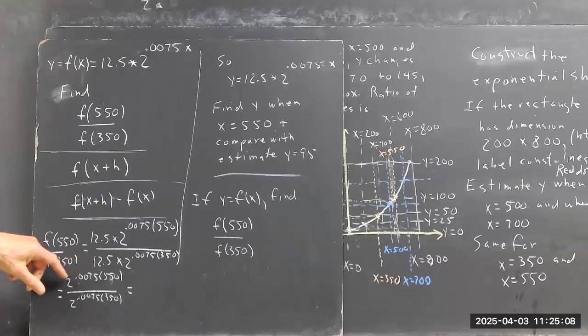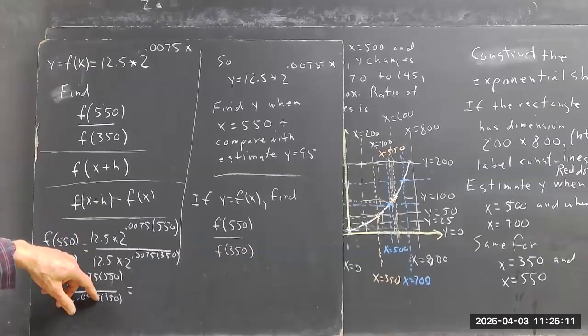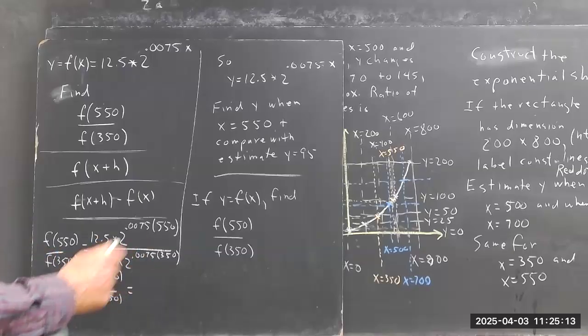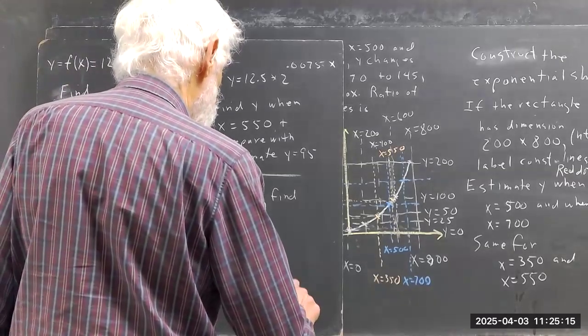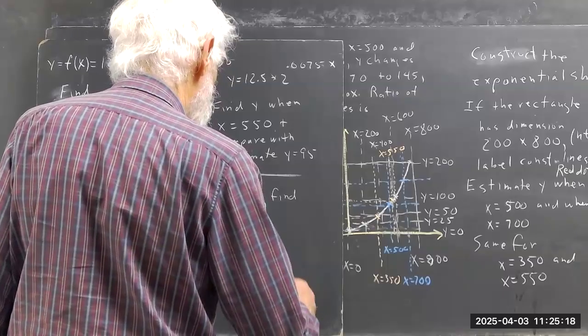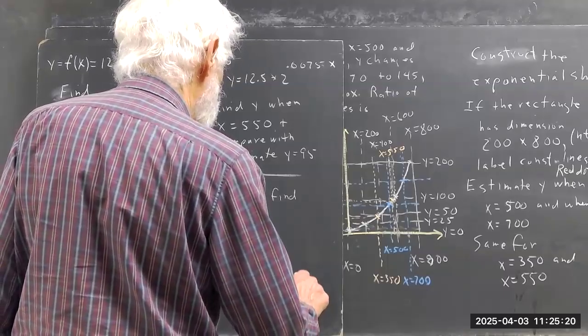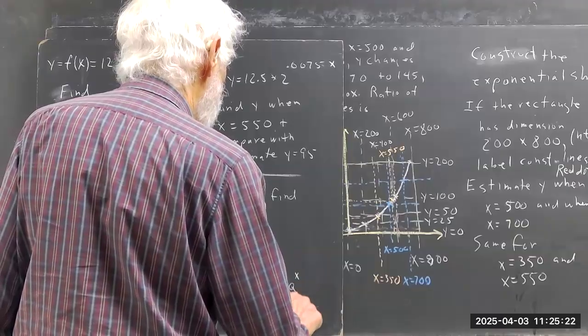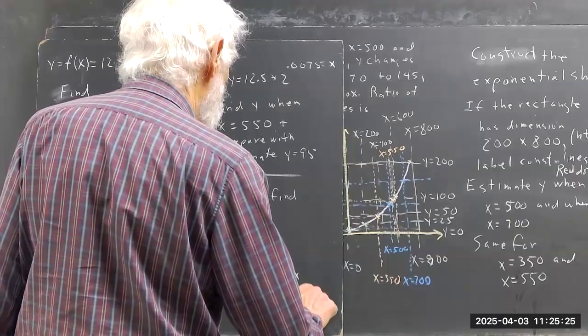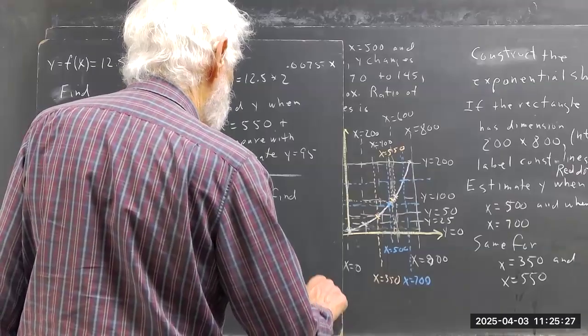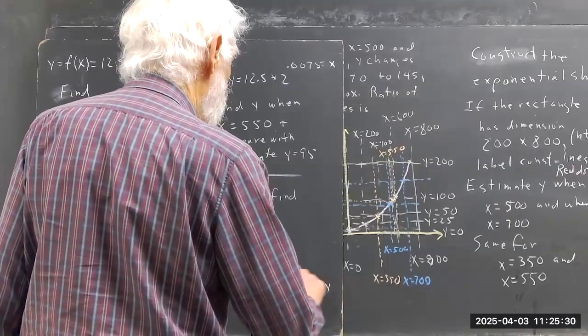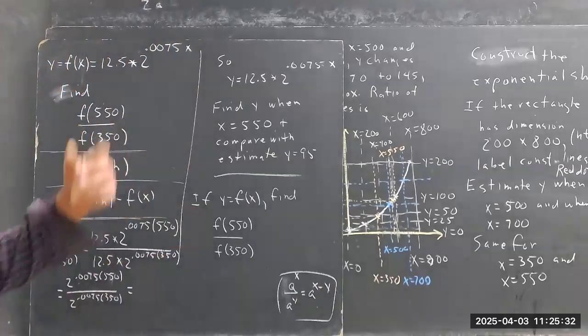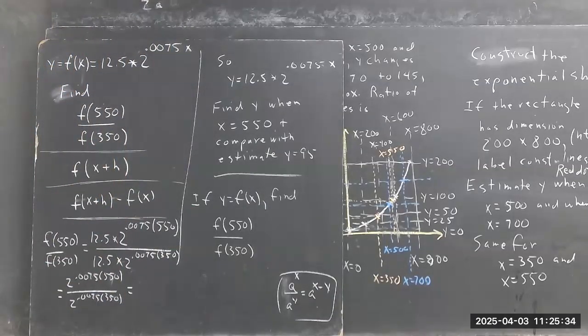Well, you're dividing 2 to one power by 2 to the other power. You do have the rule of exponents. It says a to the x divided by a to the y equals a to the x minus y. And if that's not totally familiar to you, you really need to review the rules of exponents because you'll be stumbling over it with exponential functions.